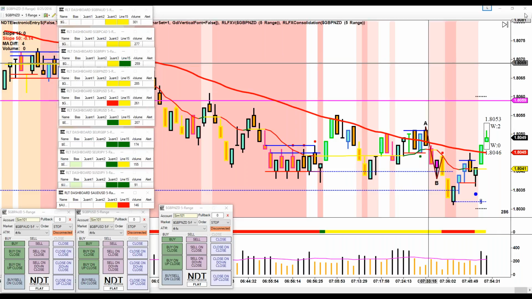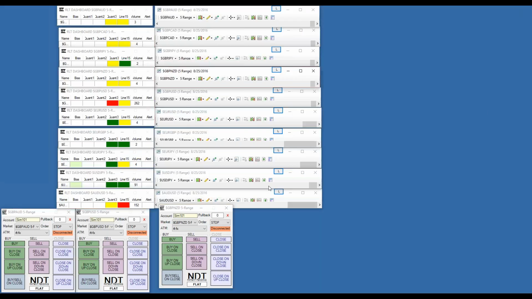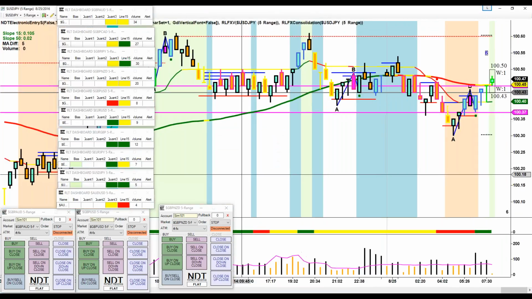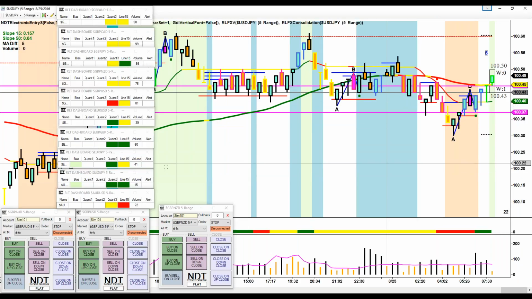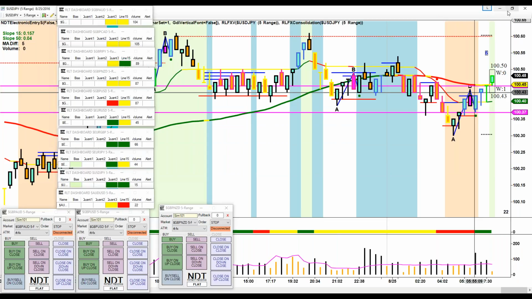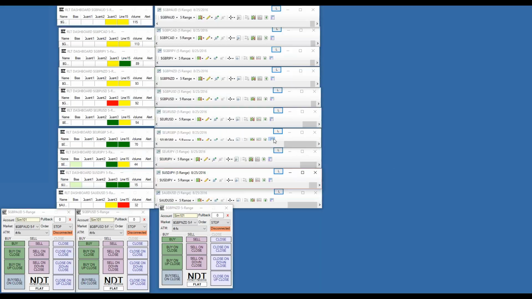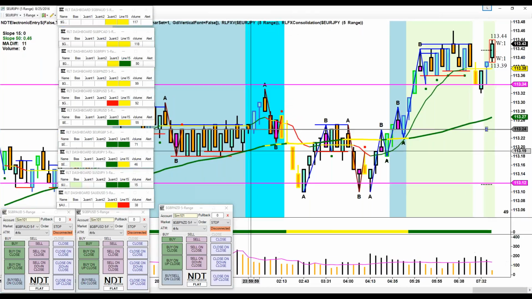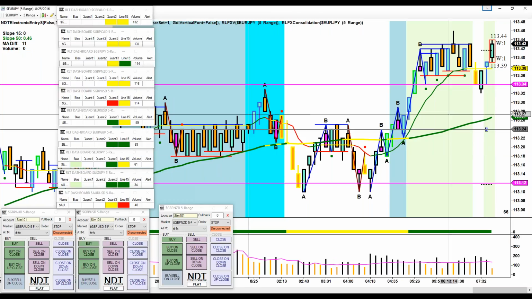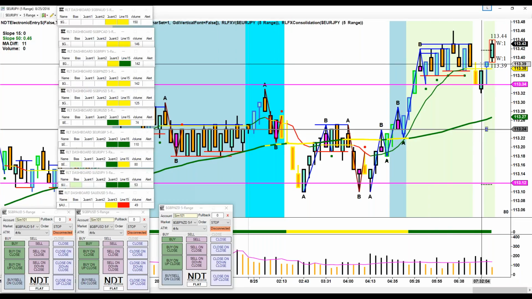Let's take a look at D. Again, very, very slow movement. It's overbought. All these signals are all overbought signals.